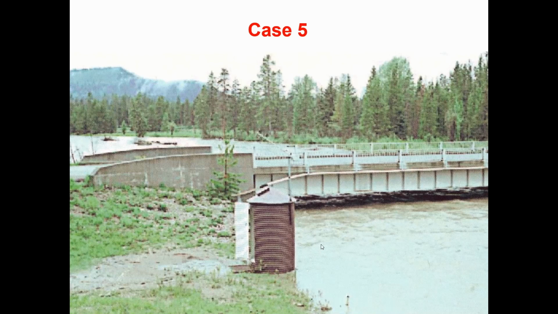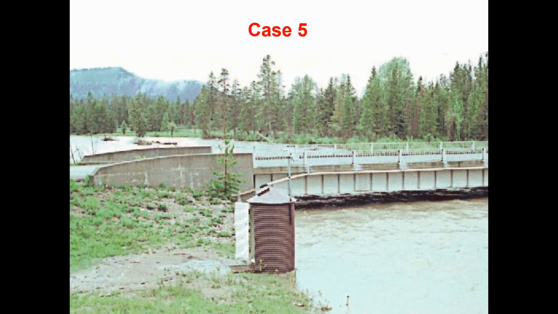A problem with this site is that at very high flows, water will get trapped behind this bridge and will artificially be elevated by the bridge, especially if trees and other debris come down the river and get caught on the bridge. That can cause the water level to be increased artificially at this site.